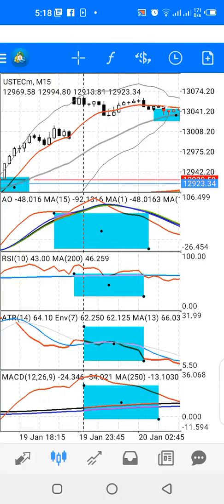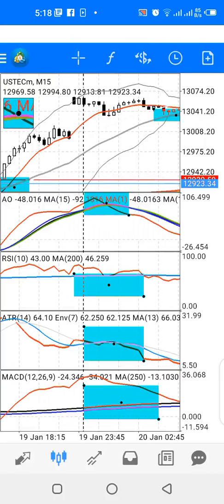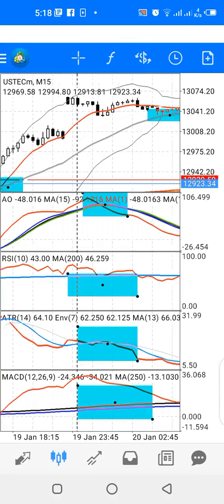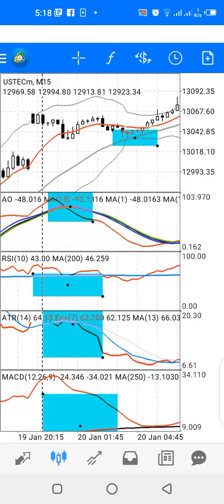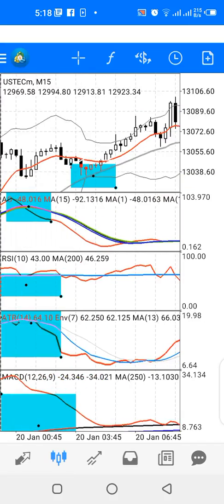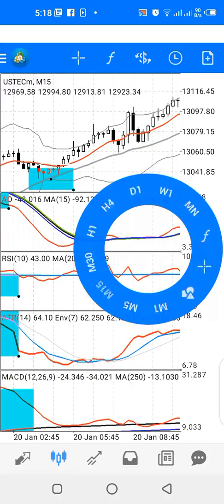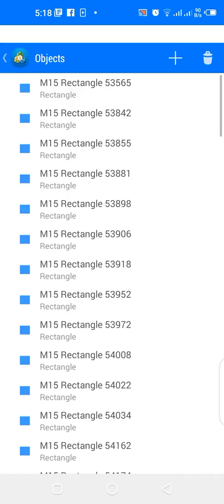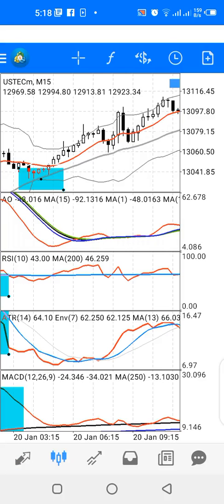So let's go to the chart to use the indicators. When the red line crosses down below the green, blue, and black lines, you have your sell signal. When it crosses up above them, you have your buy signal.